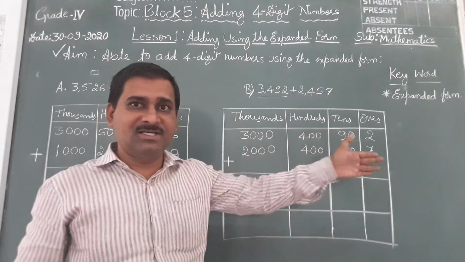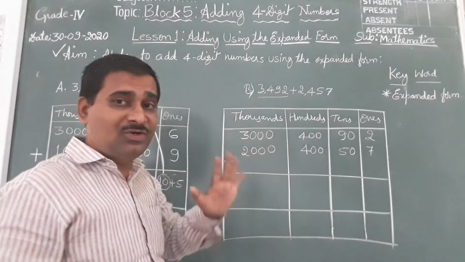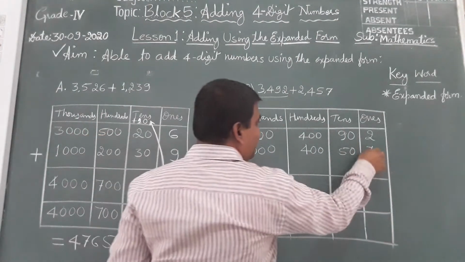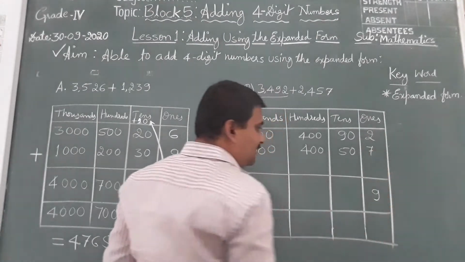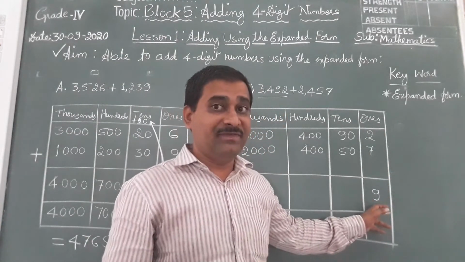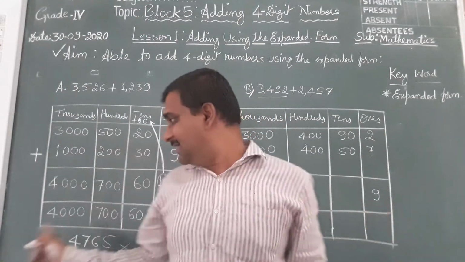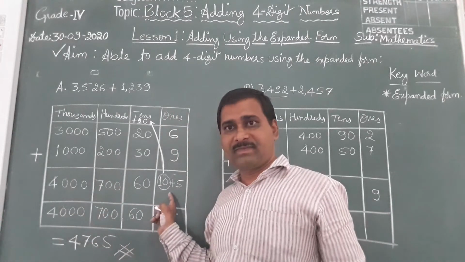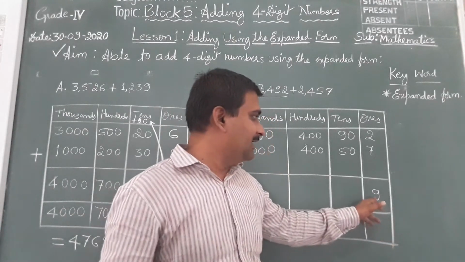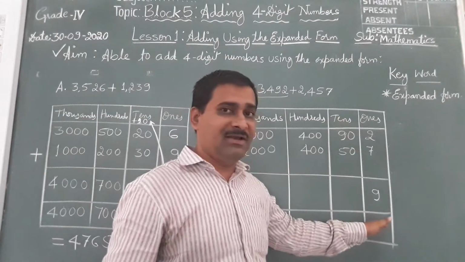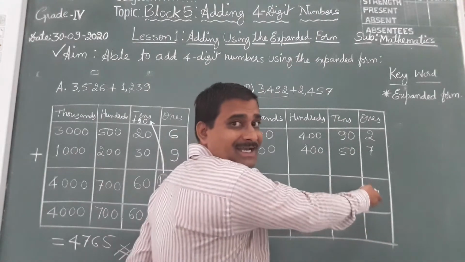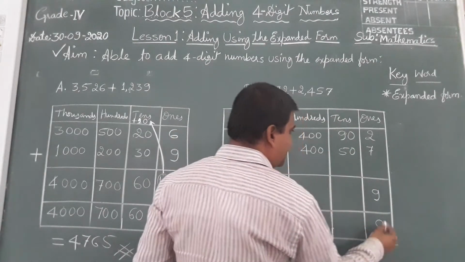Expanding is important children. Without expanding you should not do it. Okay. 7 plus 2 is 9. You are not getting more than 10 here. If you get more than 10, then you should take a carry and write the remaining number here. Now it is less than 10, so keep it as it is.